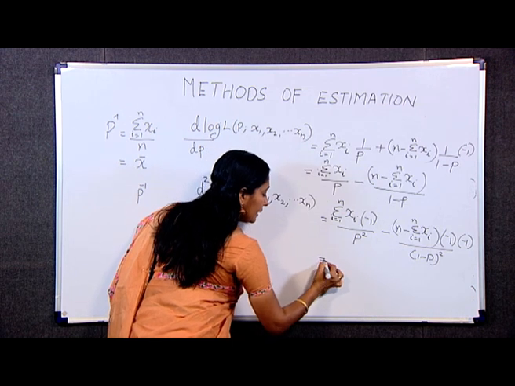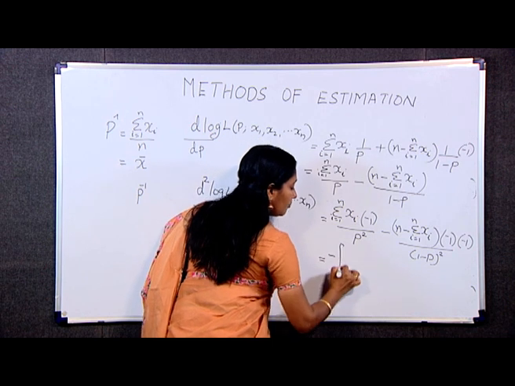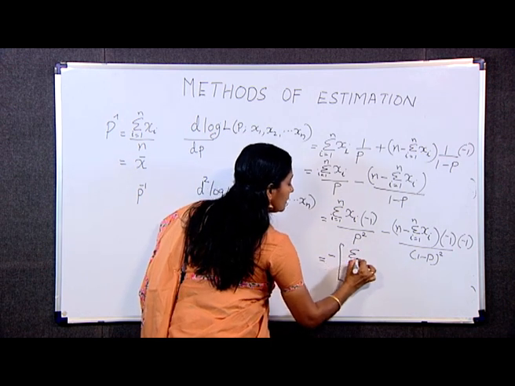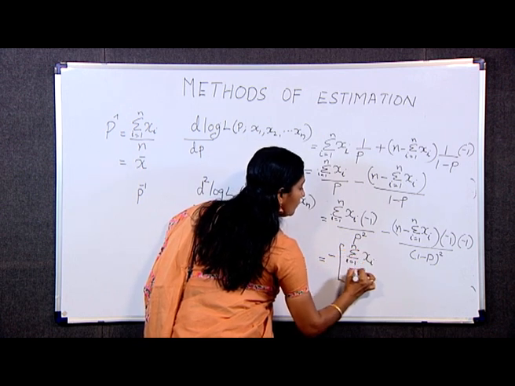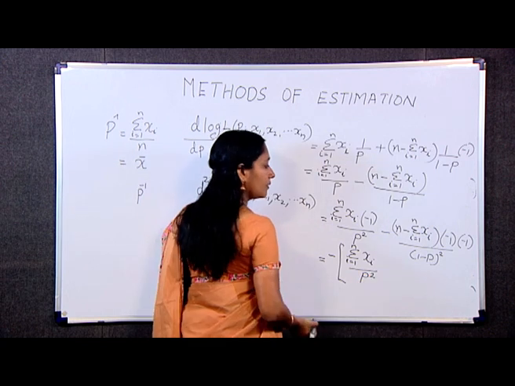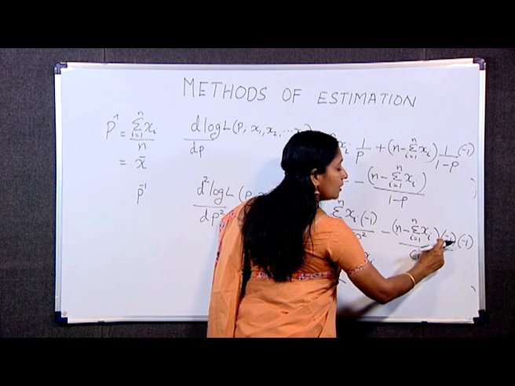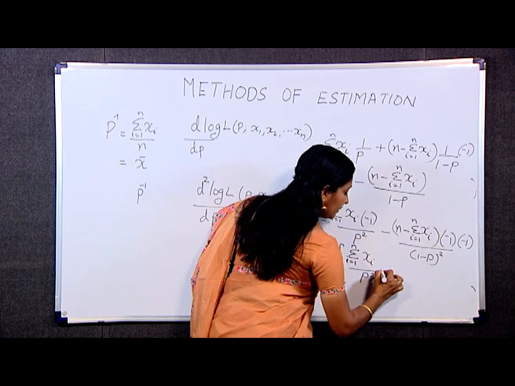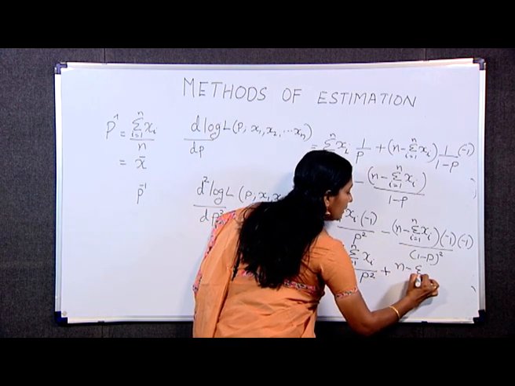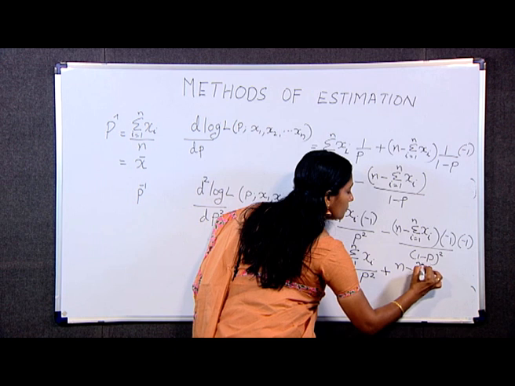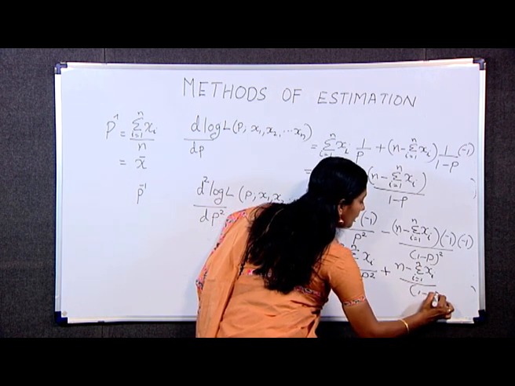So, simplifying again, taking the negative symbol outside, it is minus of summation i = 1 to n xi divided by p square. Here we have one negative sign and again two negative signs. So, this term is plus (n minus summation i = 1 to n xi) divided by (1 minus p) all square.